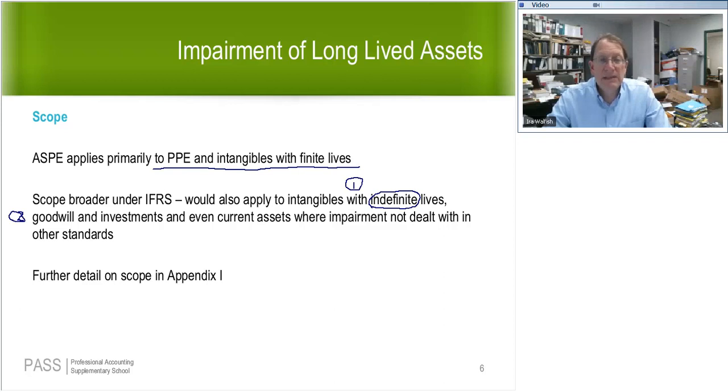And investments in current assets, impairment not dealt with in other standards. Okay. This third one I don't care so much about. It's kind of like a catch-all. But the other two definitely could come up. That's a big deal. If these come up and you're sitting in IFRS, they're in the section. If you're sitting in ASPE, it's a different section.